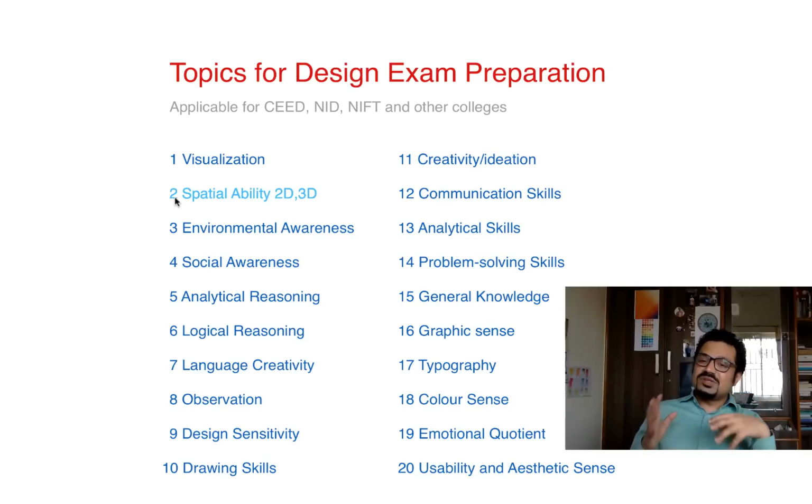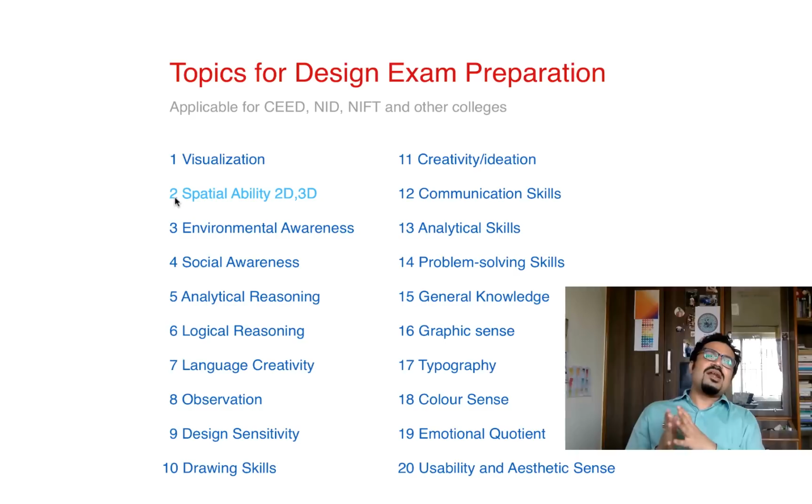Then the last topic is usability and aesthetics sense. Generally, they test the usability part when they give you a scenario and they expect an answer or a solution from your end, where they also consider the usability aspect as something that you will think about when you are trying to develop a solution. So for example, this is a mouse. If I try to reduce the size of the mouse to half, then the mouse goes down in the usability factor. It doesn't give enough rest to my palm.